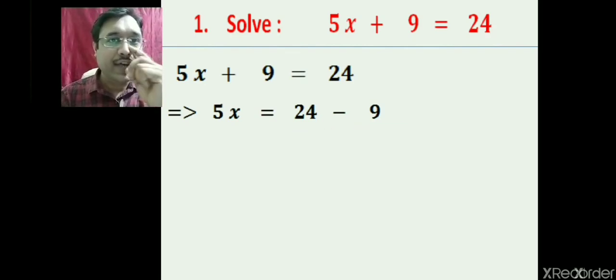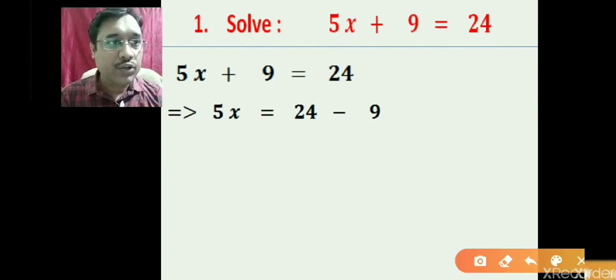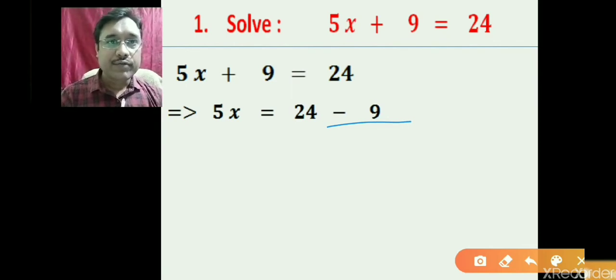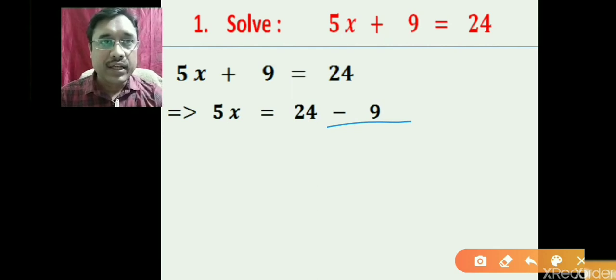This 9 you can take to the right side, and you write minus 9. Its sign you change from plus 9 to minus 9, because you have taken this 9 term from the LHS to the RHS.